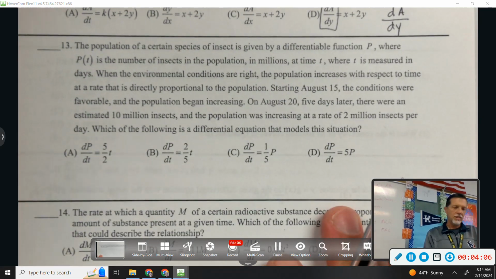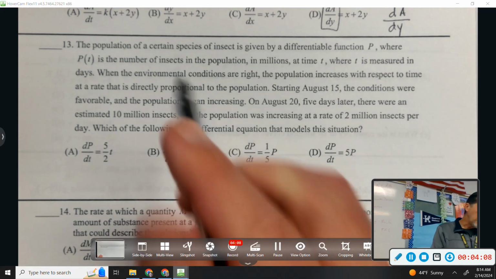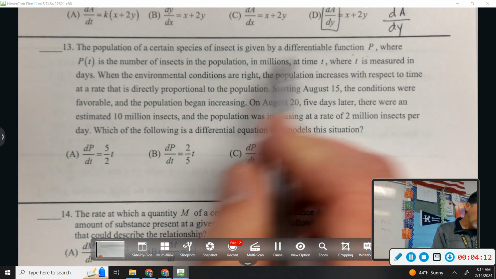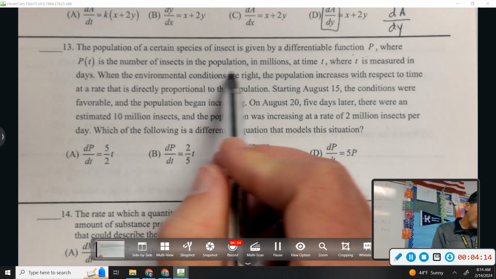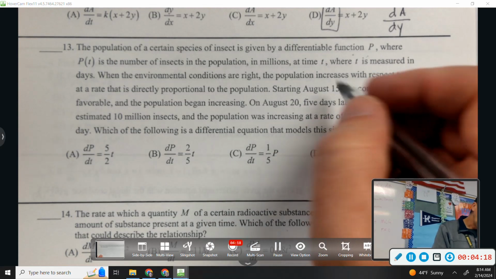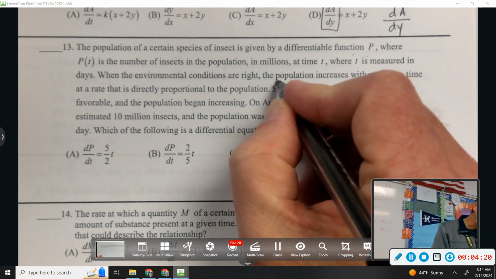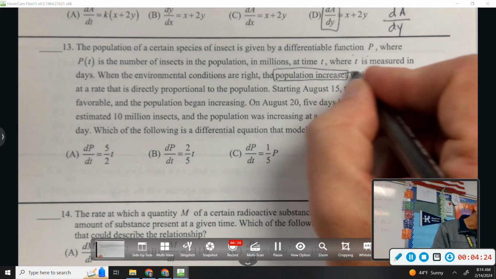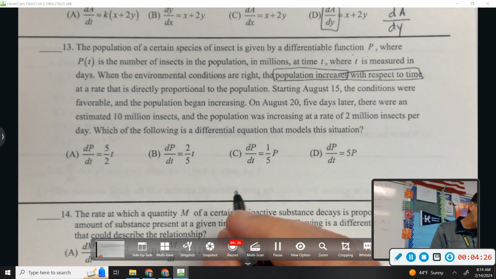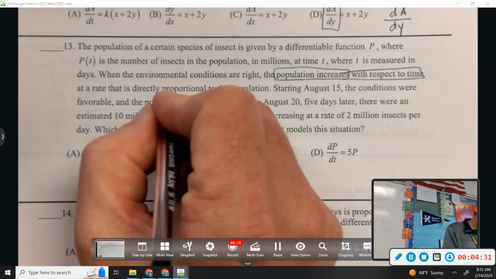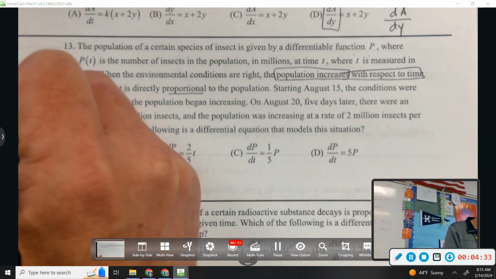13. A lot of words. Population of a certain species is given by a differentiable function P, where P is the number of insects, t is days. When the conditions are right, here we go. The population increases, that's dP/dt, or with respect to time, at a rate that is proportional, so there's our k stuff in there.